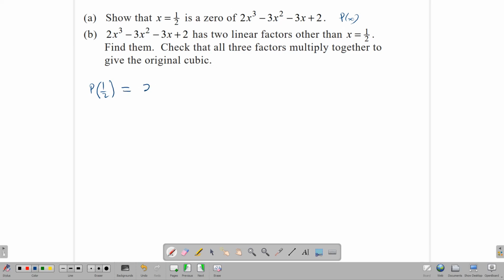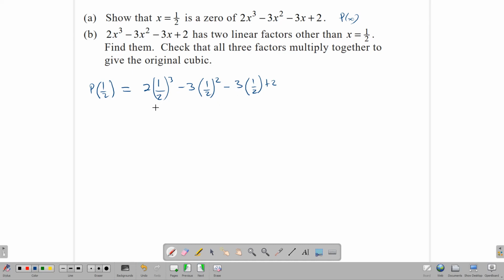So we're going to have 2 times a half cubed minus 3 times a half squared minus 3 times a half plus 2. And how does this work out?